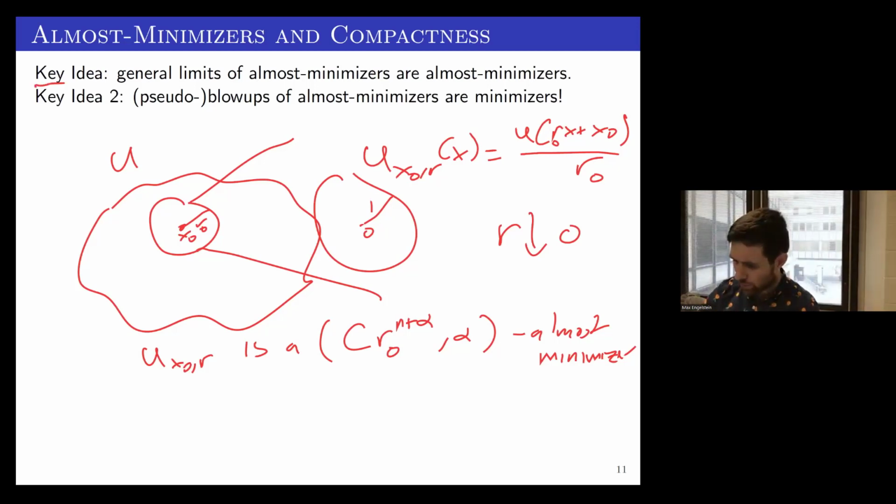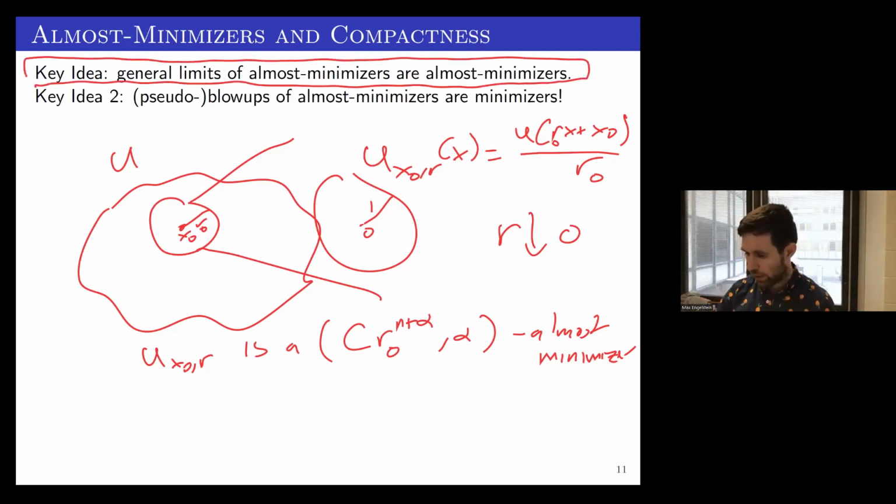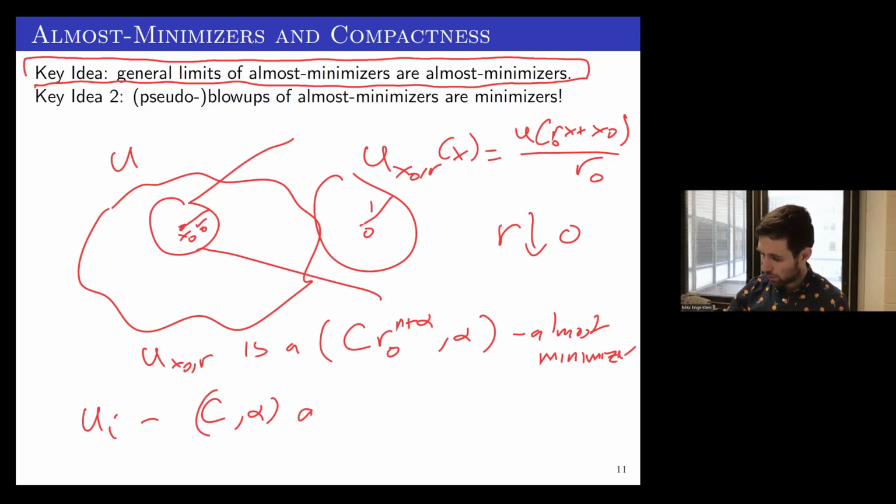This first idea, that the general limits of almost minimizers are almost minimizers, is sort of a quantitative thing. So I guess what I'm trying to say is, imagine you had U_i, which were all C alpha almost minimizers, and you did something to prevent them from getting infinitely large.